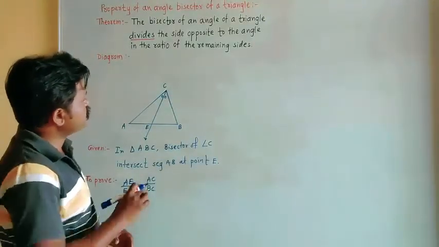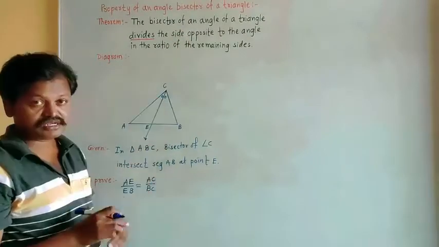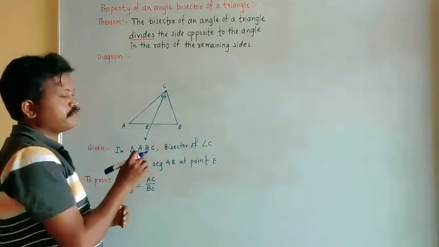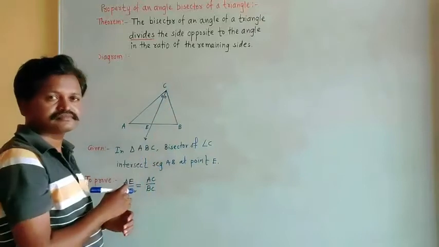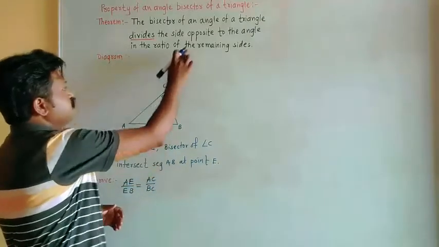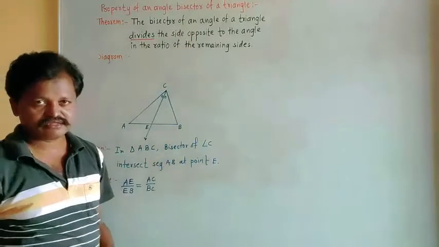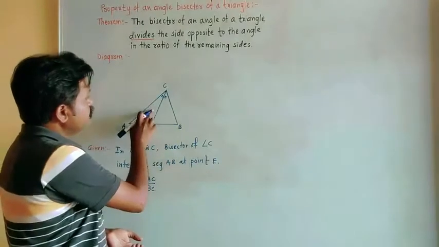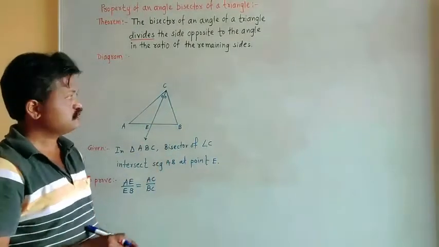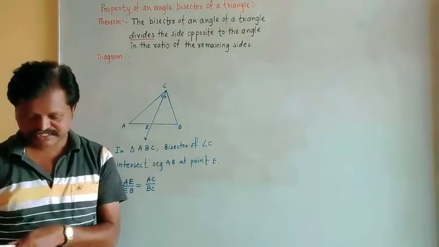For that, we draw a line parallel to ray CE from point B and extend AC. You get another triangle, and in it the line is parallel to the third side.